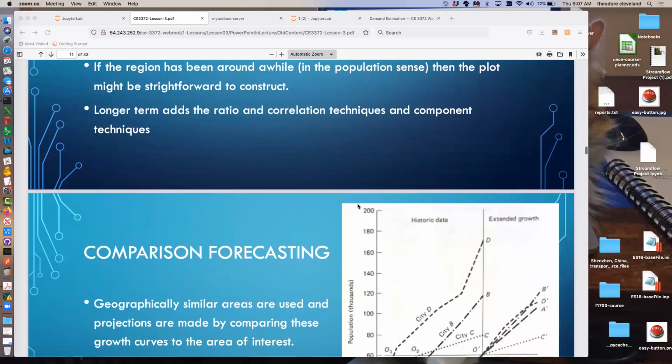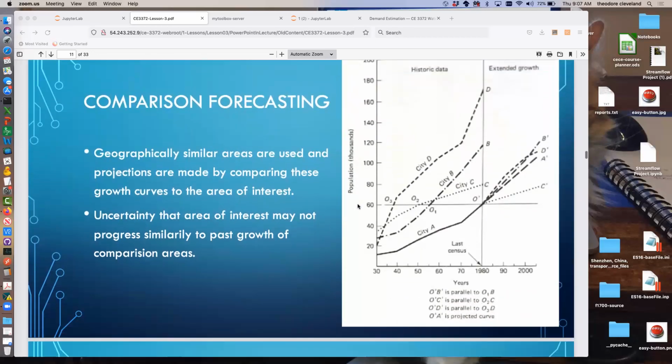If the region's been around a while in terms of population, then that actual plot that we just did might be something straightforward to construct. Then you can just extrapolate a straight line on the most recent slope, your best guess of exponential growth, and best guess of declining growth, and use that to help guide your design.